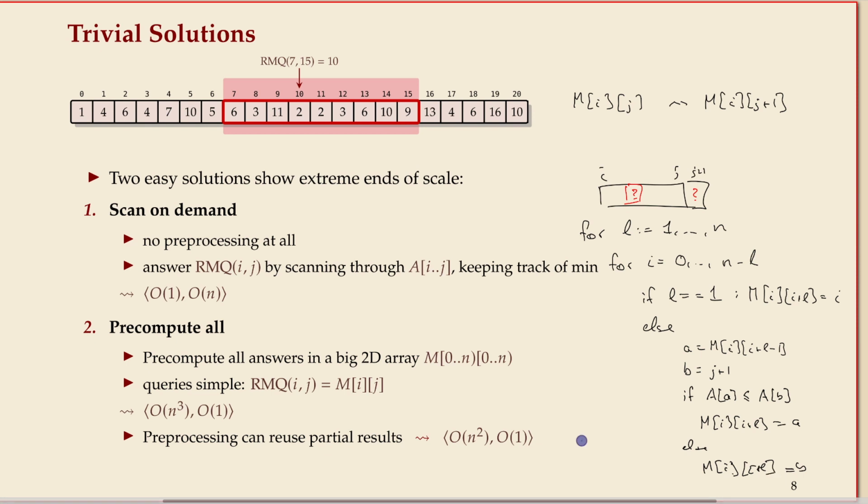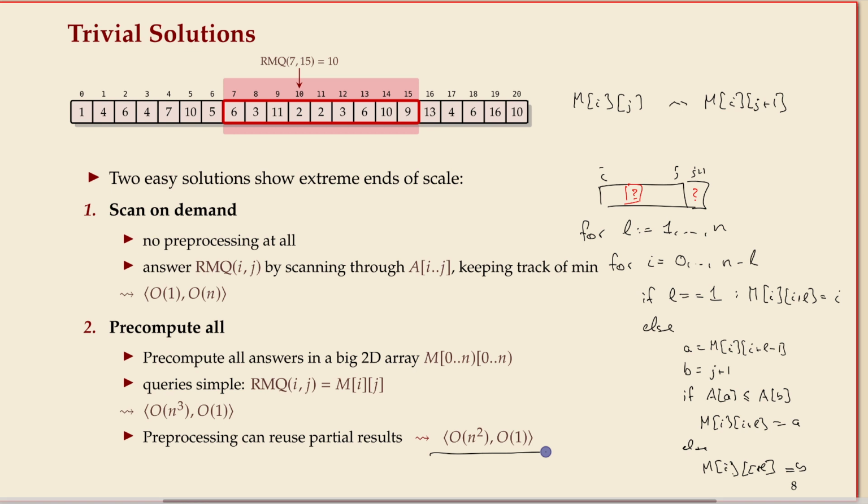So with this code, we can solve all the pre-processing in quadratic time. So I have two loops. This one runs n times, this one runs n times, and everything I do inside of here is constant time. It's just a fixed number of instructions. Okay, but zooming out again, that gives us order n squared pre-processing time and then constant query time.